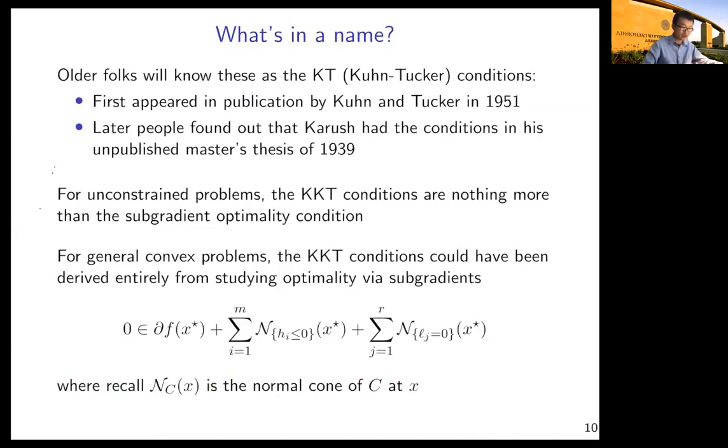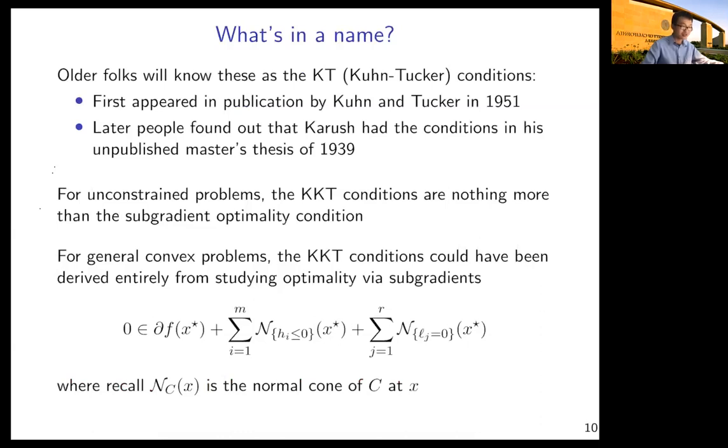So after the discovery, to honor Karush, they added another K, so now it's called the KKT condition. In some older textbooks, you'll still see these conditions referred to as the Kuhn-Tucker condition rather than KKT condition. Okay, so in hindsight, it's not really surprising that these conditions were discovered multiple times in history.